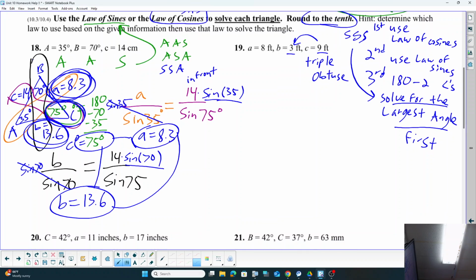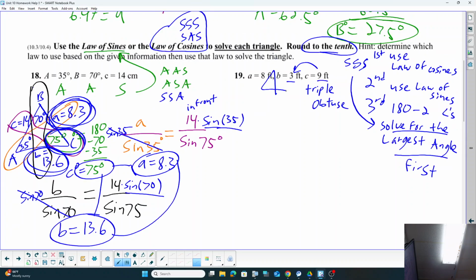Cool. Okay, so let's do it. So we're going to draw our triangle there. We have big A, big B, big C. We have little c is 9. That's going to be obtuse, Newbold. You should just draw it obtuse. Okay. So we'll draw an obtuse triangle there.